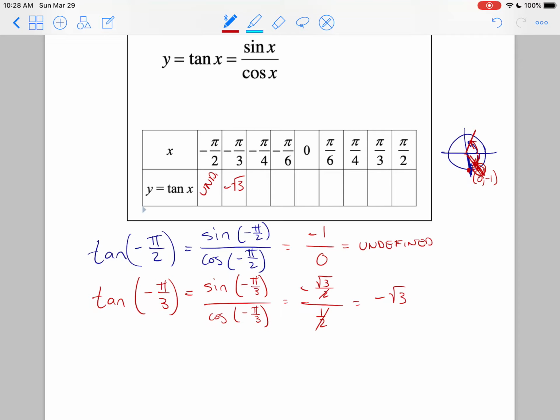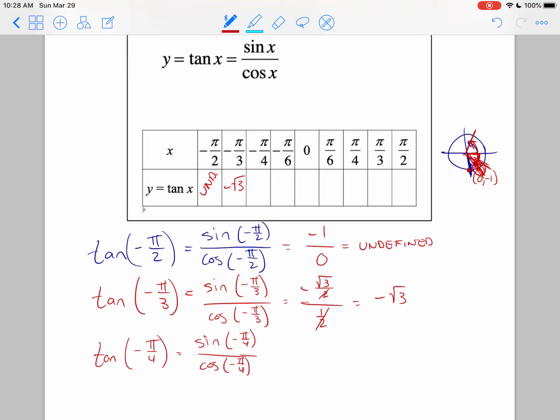And then we go on to negative pi over 4. So this is sine of negative pi over 4 over cosine of negative pi over 4. And that's the angle where I am equidistant in the x and the y direction. That's that 45-degree angle.